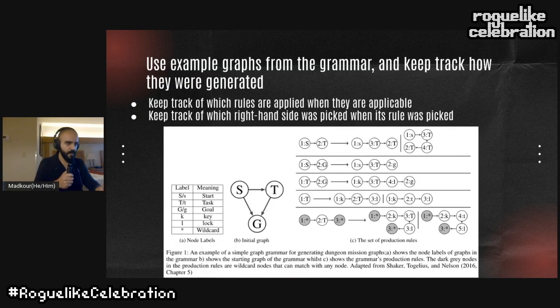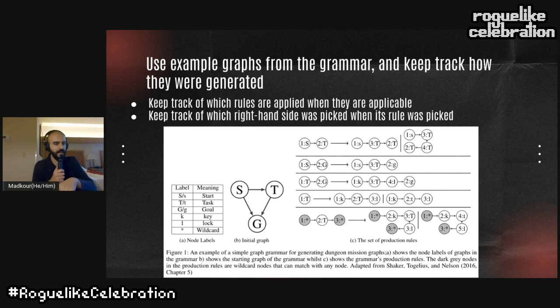The way that I propose we do that is that when you're generating your levels, you keep track of what the grammar did. If you're familiar with grammars, you can think of this as a quasi-equivalent to parse trees. Essentially, you're keeping track of what rules were applied and when. With a graph, we call this a generation chain.